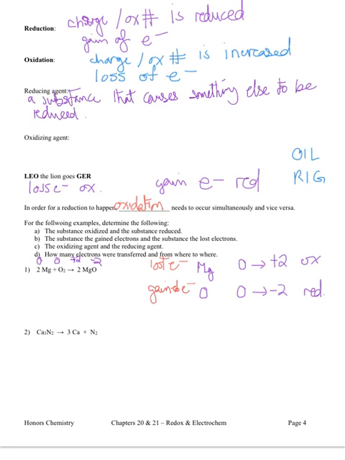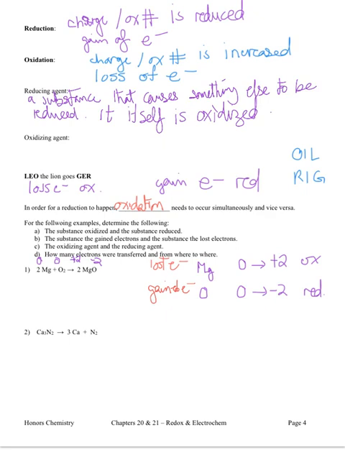Well, if it's causing something else to gain electrons, that means it itself is losing those electrons to force something else to gain them. And so it itself is getting oxidized. So something that's oxidized is losing electrons, so it's forcing something else to gain those electrons, so it's forcing something else to reduce, and so it is a reducing agent. It's causing reduction to something else.